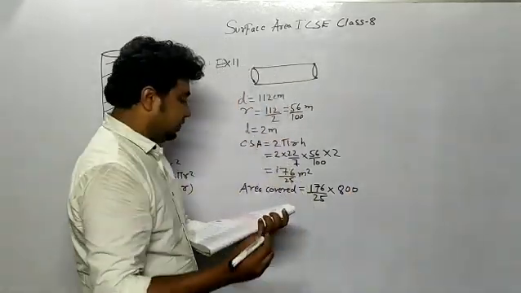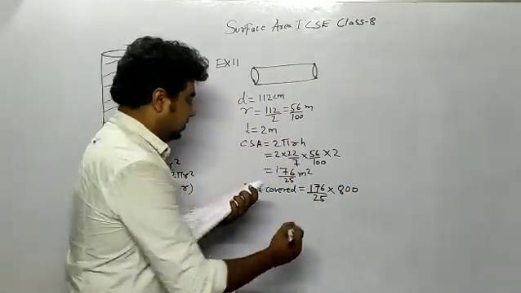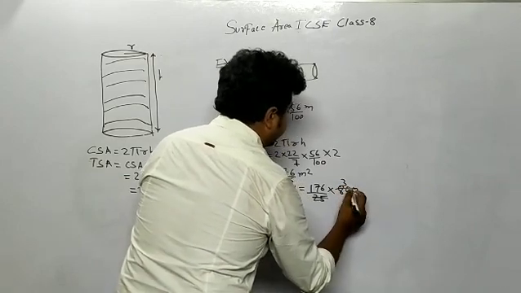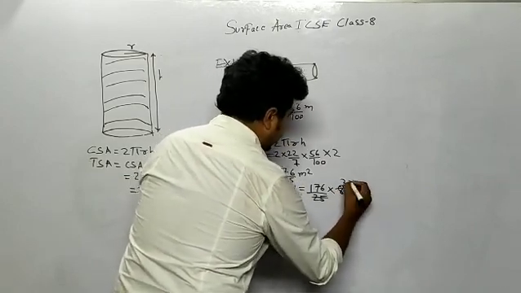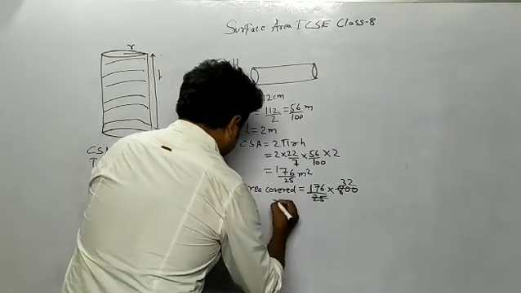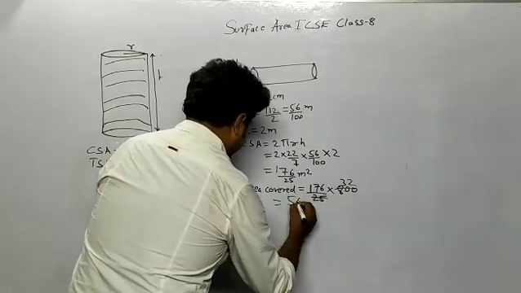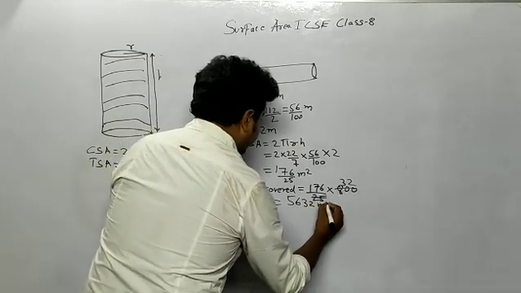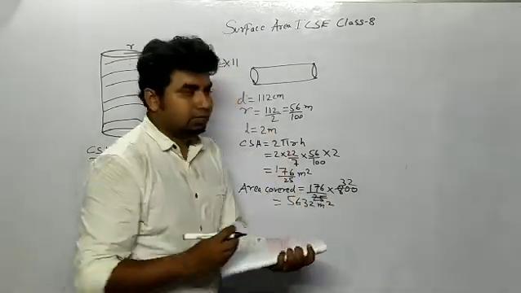This is the amount of area covered. Calculating, 25 into 3 is 75, 5 and 0, this will be 25 into 2. It will be equal to 5632 meters square. So this is example 11.